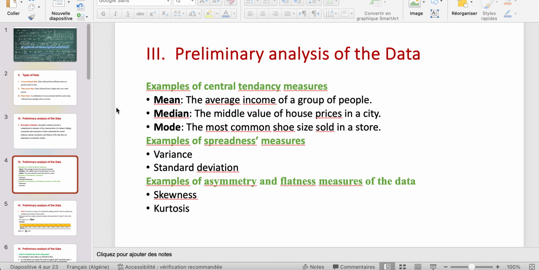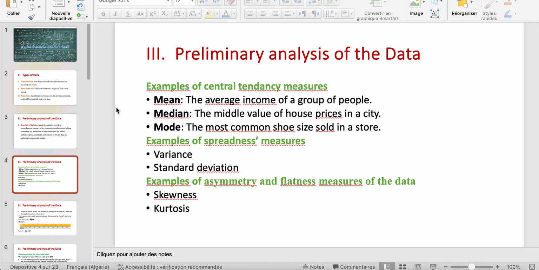An example of the mean is the average income of a group of people. There are different people with their wages, their income, and we seek to know the average income of this group of people. So for example, we find $2,000. We say that the income of this group of people is around 2,000.